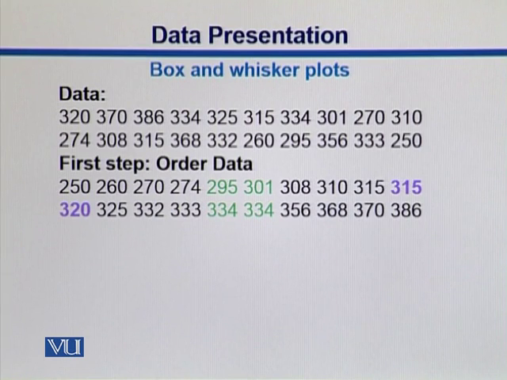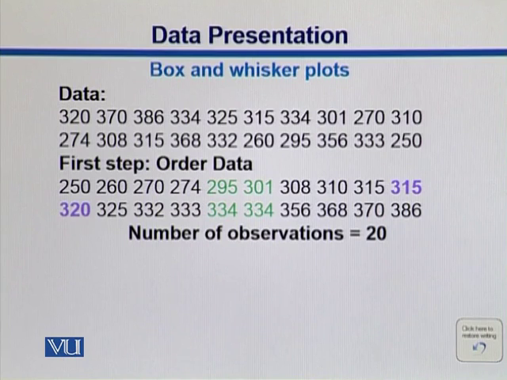What we do next is order this data. We have the minimum value, which is 250, and the maximum is 386, and in this data set we have 20 values. So the number of observations is 20. Next we try to get the middlemost point. Up till here we have the 10th and 11th values, so we get their median.